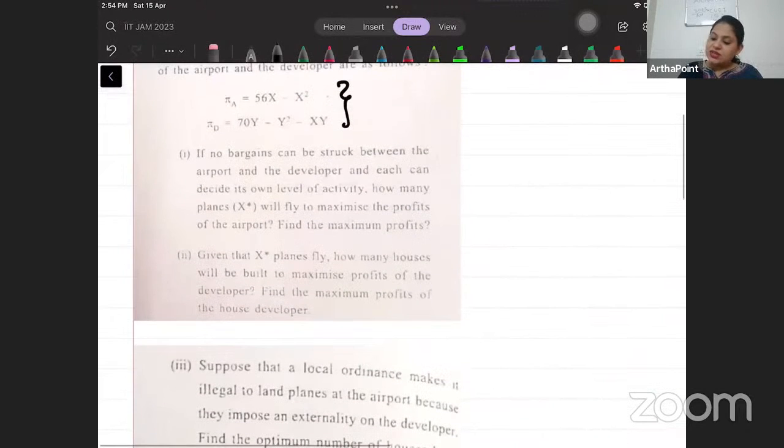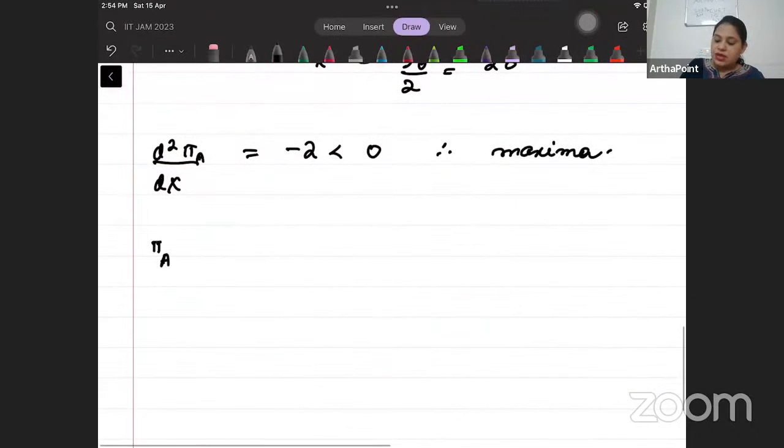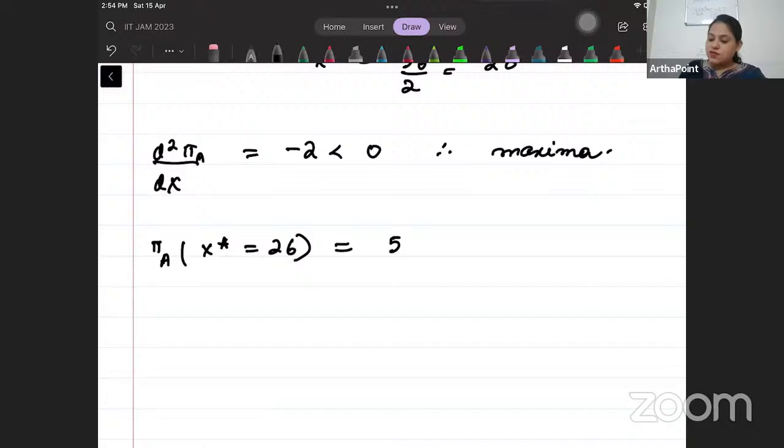Then it asks what is the maximum profit? So put in x star. So pi a at x star equal to 28 will be, what is your function? 56x minus x square.